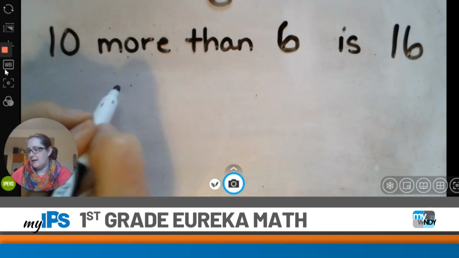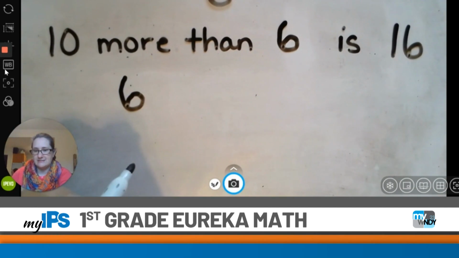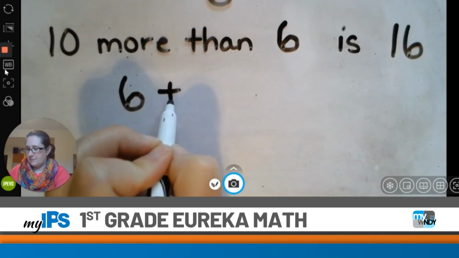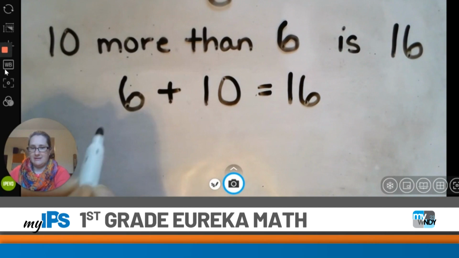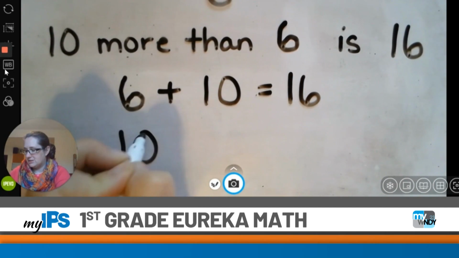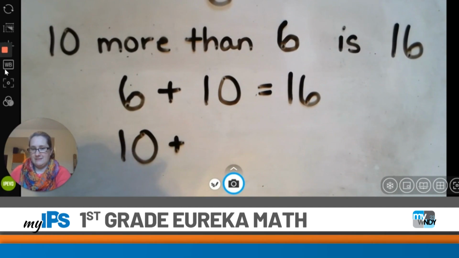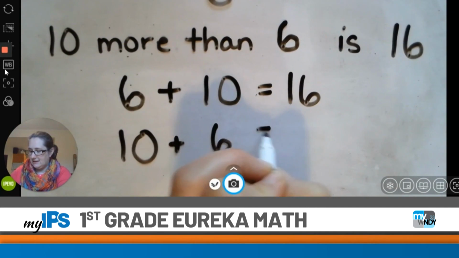Now tell me the addition sentence for 16 that starts with 6. 6 plus 10 equals 16. Now tell me the addition sentence that starts with 10. 10 plus 6 equals 16.